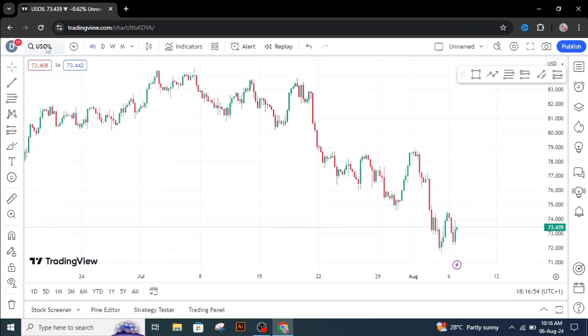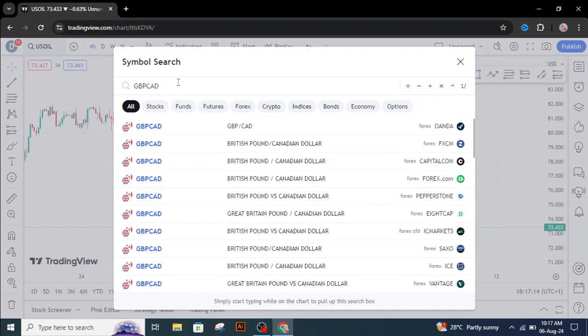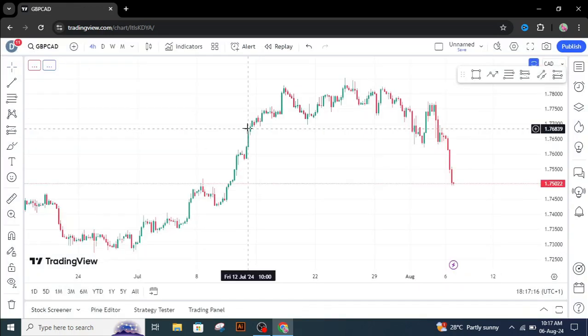So if you check GBP CAD too, at the beginning of that, you will see GBP CAD also showing a reverse buying opportunity, because US oil is showing movement to the downside. So let me show you something. GBP CAD.